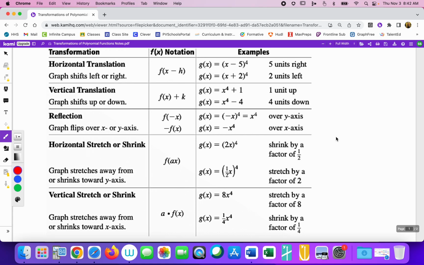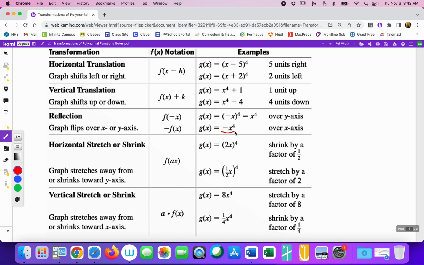Reflecting. It depends on if it's over the x-axis or across the y-axis, which is a little bit less obvious. But if there's a negative, we'll see this one more often. So if there's a negative, no parentheses, it's just out front. So on the quadratic, that's when a was negative and it opened down. That would be a reflection in the x-axis. So it's technically a horizontal reflection, but it looks like it flips upside down.